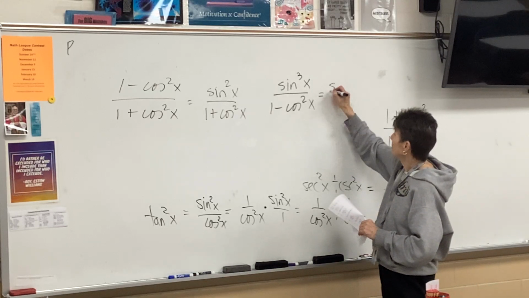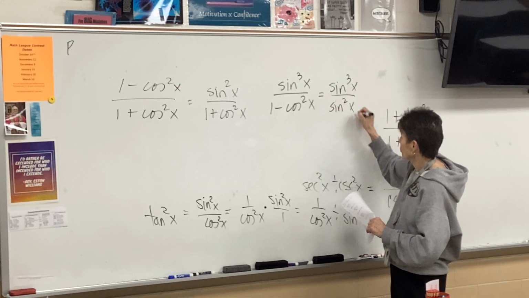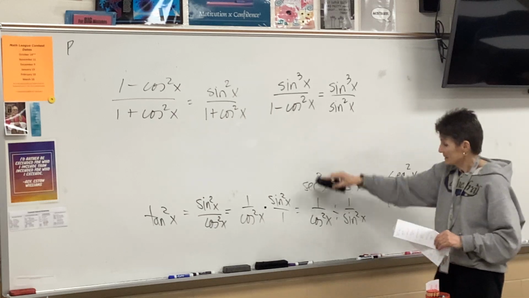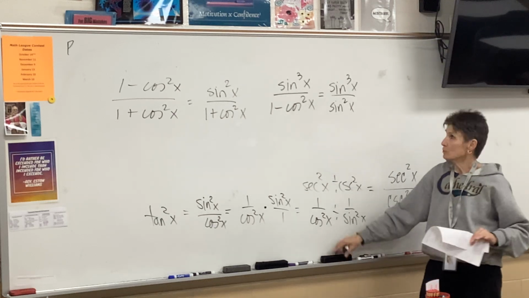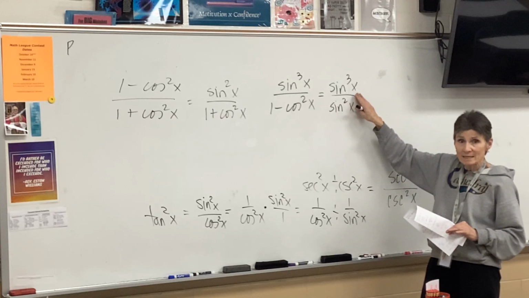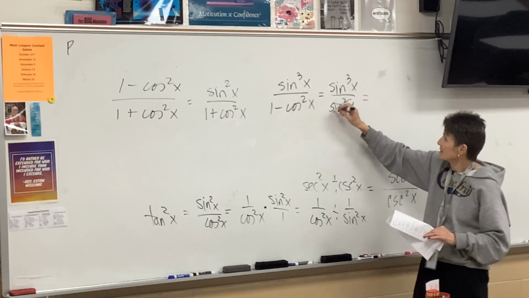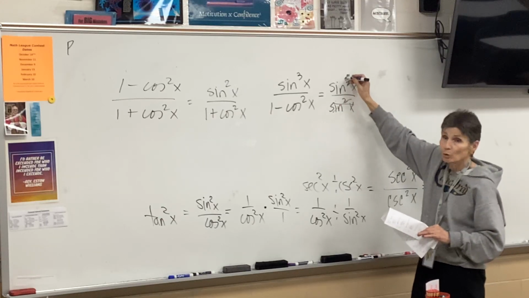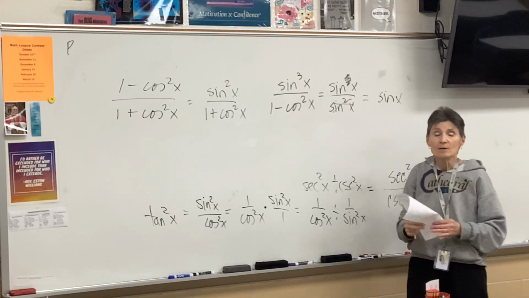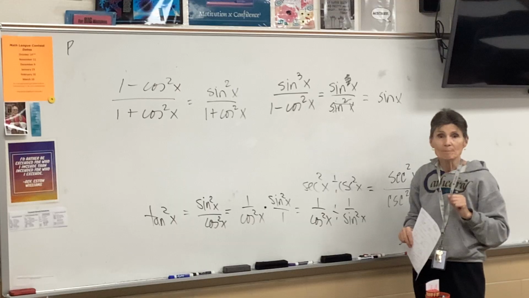So the top is sine cubed, and the bottom is sine squared. See, easy, right off your sheet. That's sine squared. So now we have 3 sines over 2 sines, so we're going to cancel 2 of those. So our answer is just sine. You have 3 of them over 2 of them, so you have 1 extra on the top, sine.